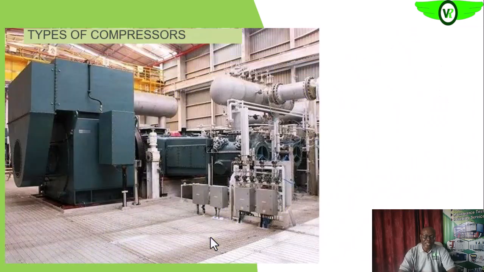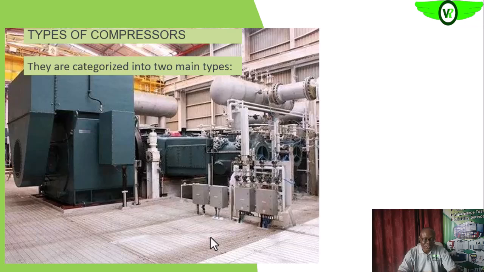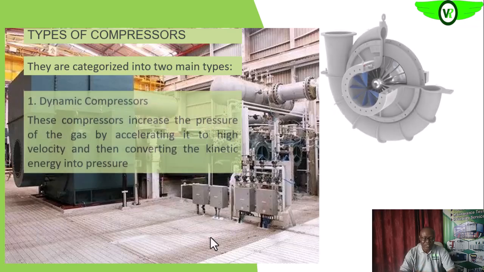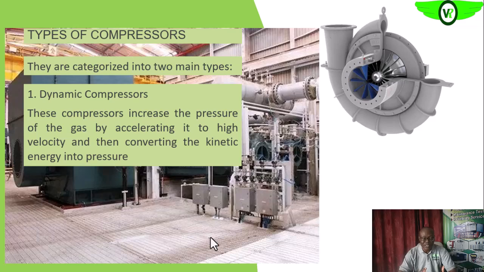So we are going to look at the types of compressors that we come across in the industry. We are going to categorize them into two broad categories. The first one is the dynamic compressor.